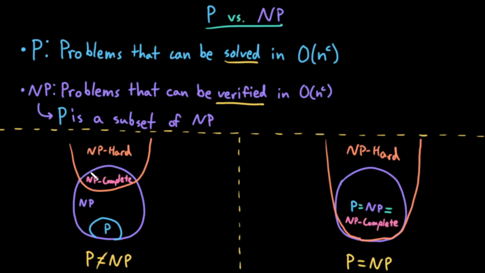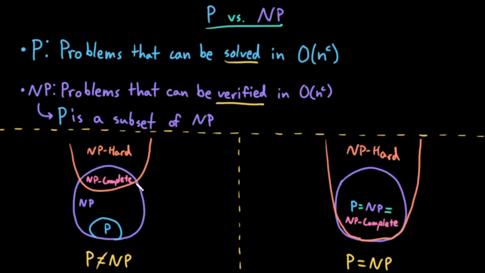And then everything that's within NP, but not inside P, would be the set of all problems that can be verified in polynomial time, but not solved in polynomial time. There would exist problems that cannot be solved in polynomial time, but can be verified in polynomial time.